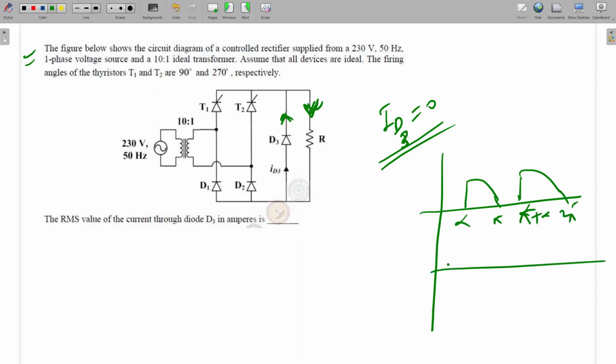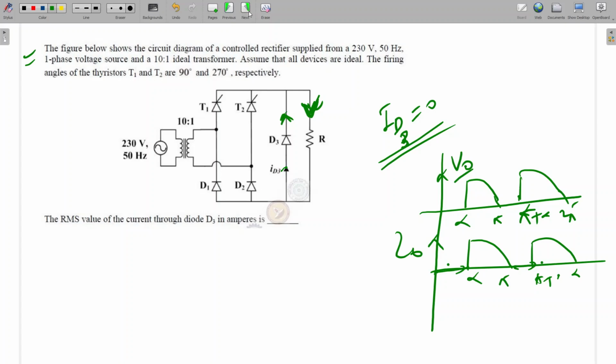The current waveform will also be like this only. Since no current is there in this section, the current will be 0. The output current is not continuous; it will be a discontinuous current. So this will be the output current and this is the output voltage. Is it clear?